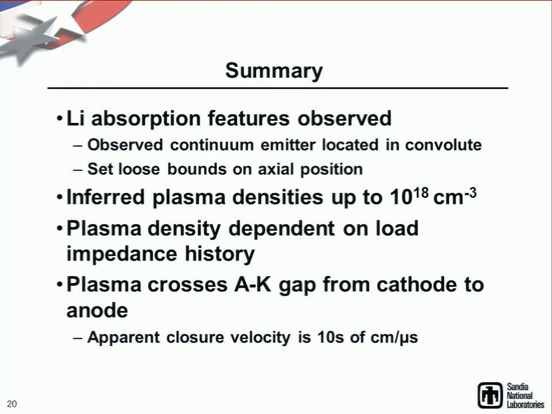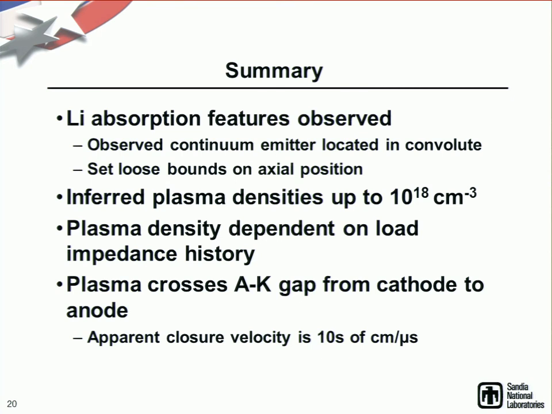So we have this plot of density as a function of time for a given view. It'd be nice to have a little bit better idea of where we're looking axially, and then maybe we can backtrack this and compare it with the simulation to try and give them some more bounds on how their models should bring the plasma into the convolute.